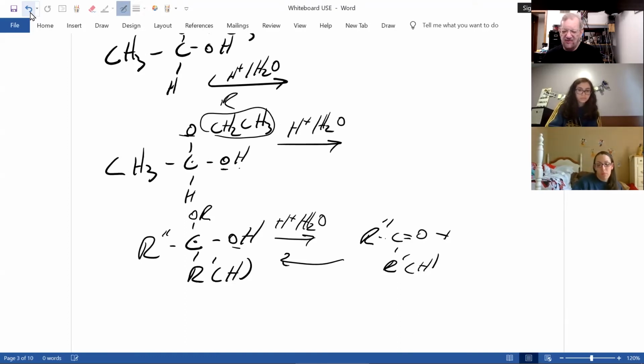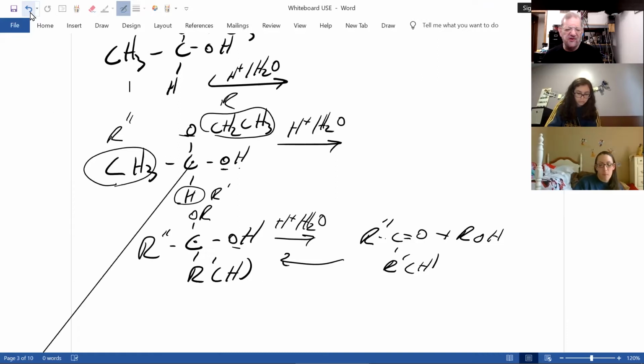Next, you also get the alcohol you would have used to make this compound. And therefore, if we look here, what's our R prime? Hydrogen. What's our R double prime? Methyl. What's our R? Ethyl. Keep your eye on this carbon, it becomes double bonded to oxygen.